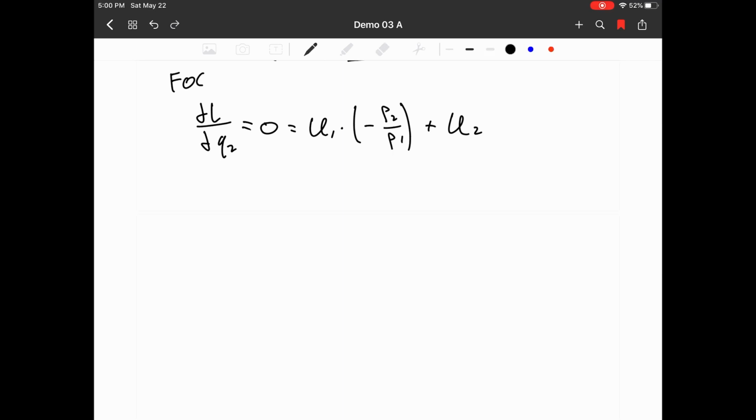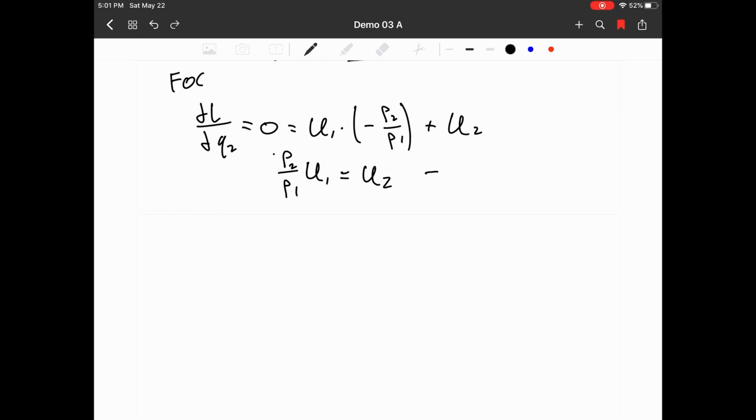Okay, so all we have here is just bringing this first part to the left-hand side, we have p2 over p1 times the derivative of the first argument, which is equal to the derivative of the utility with respect to the second argument.